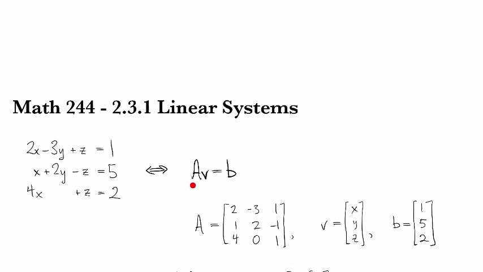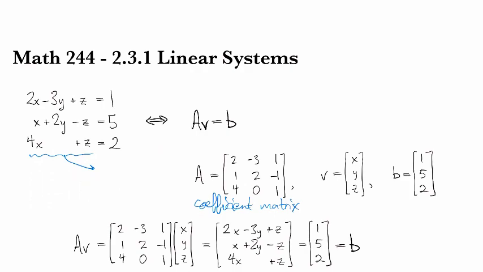And it can be rewritten as this matrix equation right here, where A is what we call the coefficient matrix. It's obtained just by extracting the coefficients from the system and writing them in a matrix.